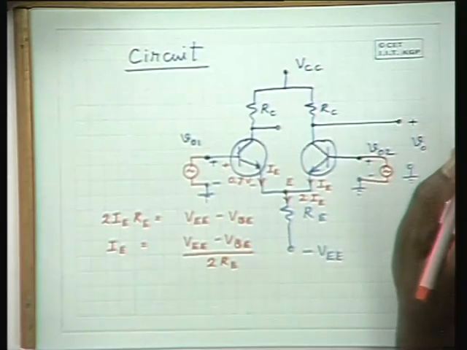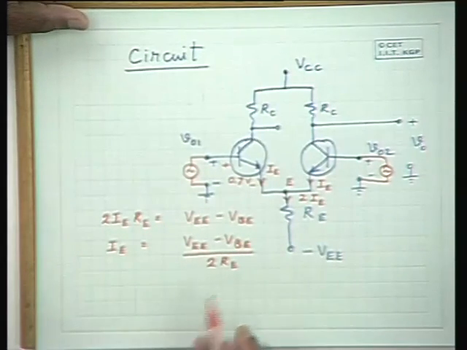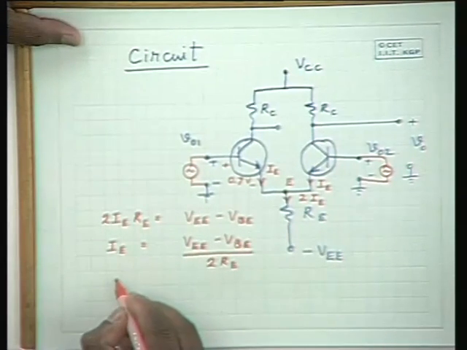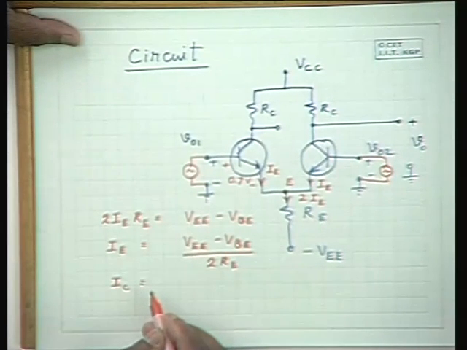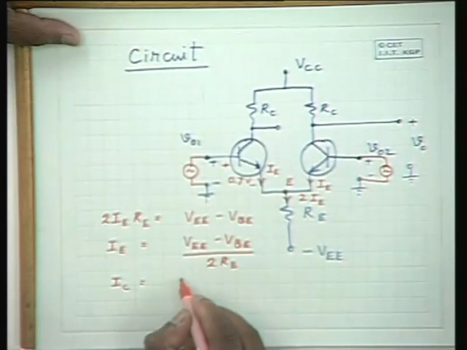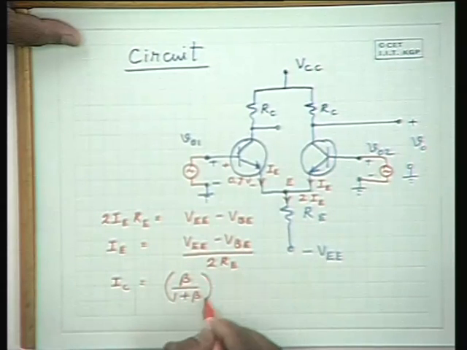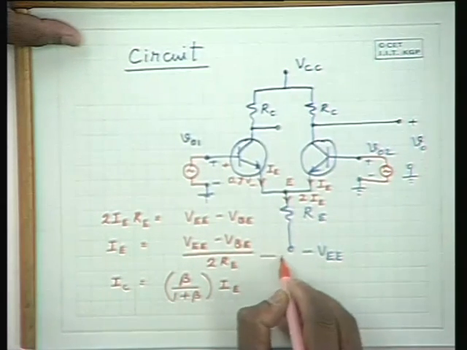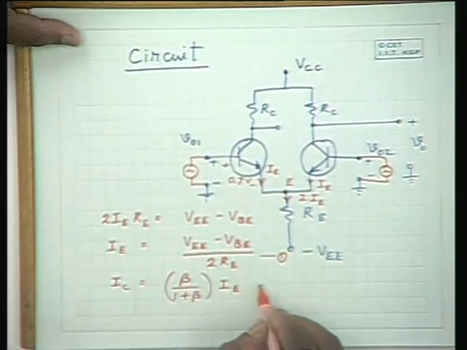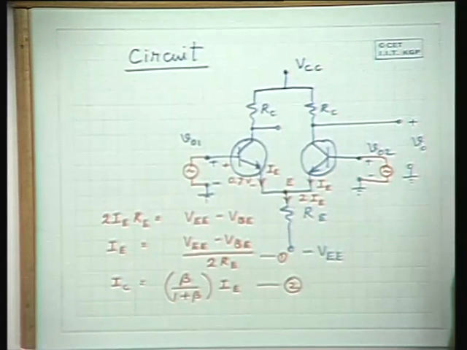So, this is the emitter current that flows into the circuit, and naturally IC is equal to beta by 1 plus beta times IE. Equation 1 gives you IE, and from equation 2 you can determine IC.